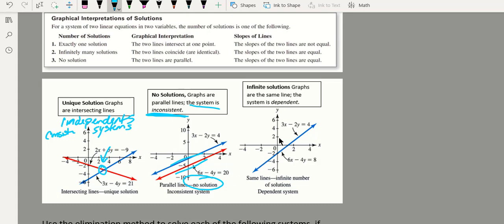Now, the last one is if the graphs are the same line, meaning we have the exact same line in the system, then these systems are considered dependent, meaning that one line depends upon the other, such as the example here. 3x minus 2y equals 4 is the same thing as 6x minus 4y equals 8. These two equations are dependent upon each other.